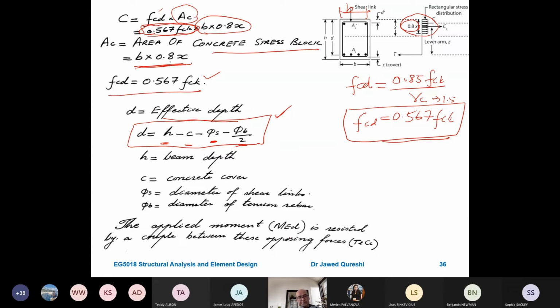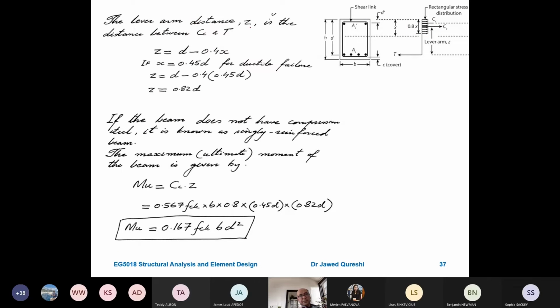The applied moment MED is to be resisted by a couple between opposing forces, T and CC. The lever arm Z is the distance between CC and T, from one force to the center of the other force. This force CC is acting at half of the distance of 0.8x.